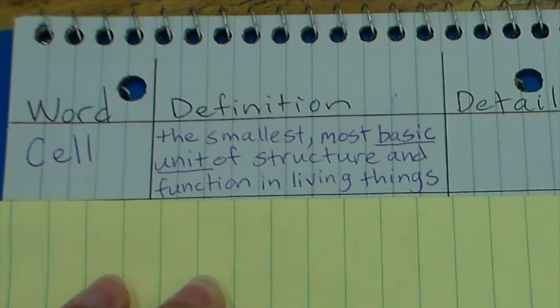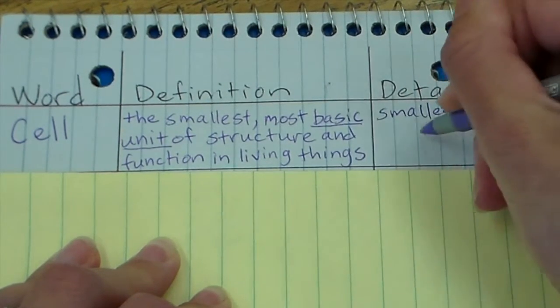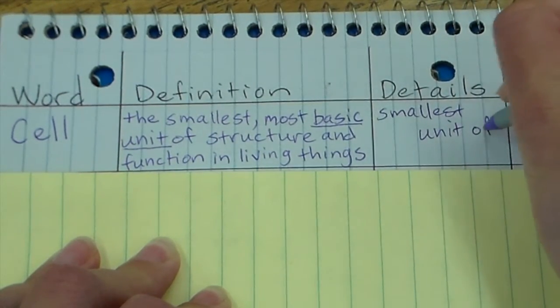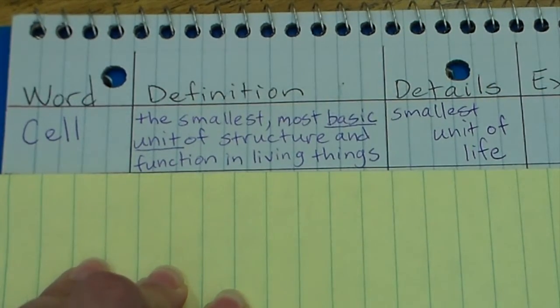So the key thing you need to know about the cell is that it is also known as the smallest unit of life. It is what all living things are made up of, and it is the smallest individual unit that's alive.